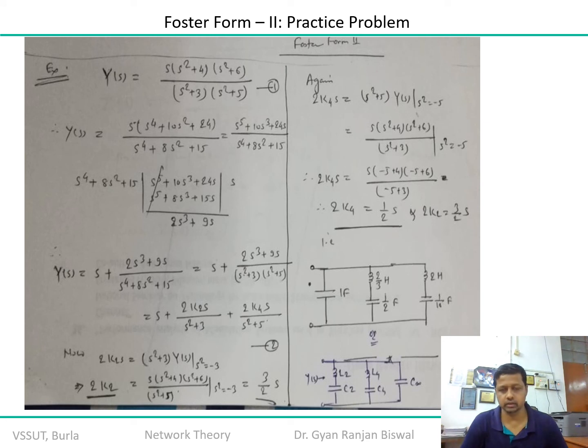So from there you can get the values of omega 4 and omega 2 also, once you have got the values of L2 and L4. Substitute these values. So from here L2 you must get 2 by 3 Henry, C2 you must get half of a farad, C4 you must get 0.1 farad, and L4 I think you should get 2 farad. So apply in this particular order.